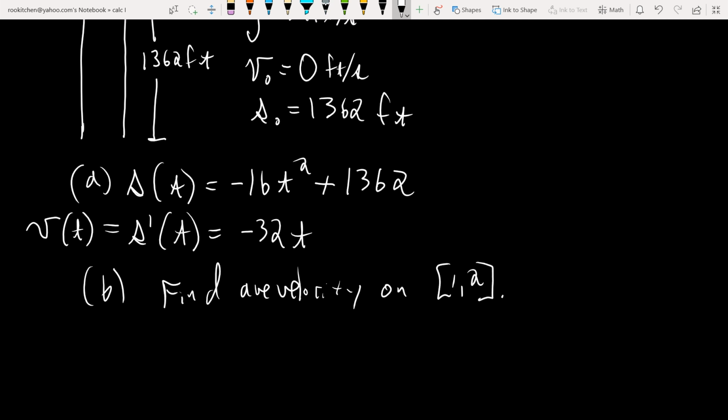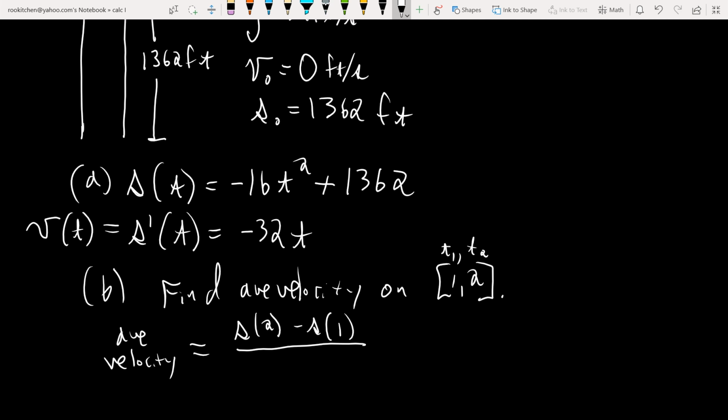Our average velocity is the slope formula, s of 2 minus s of 1, all over t2 minus t1, which is 2 minus 1.